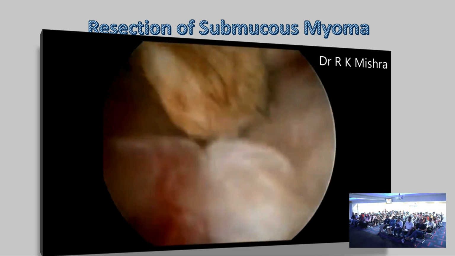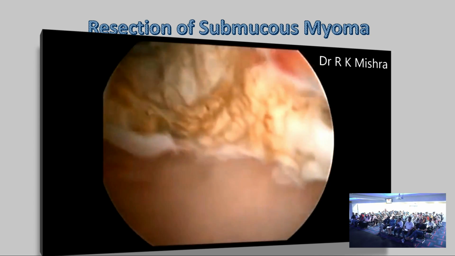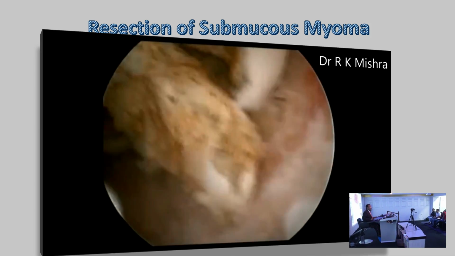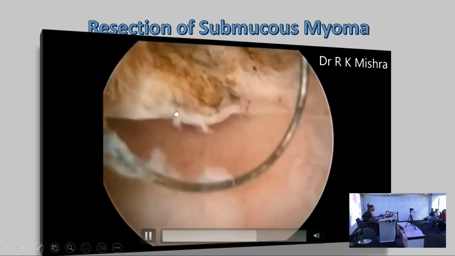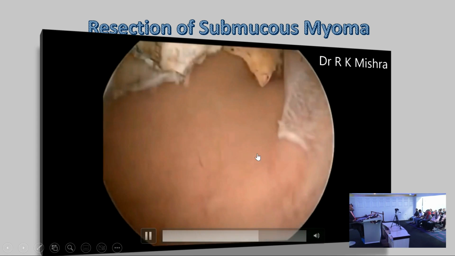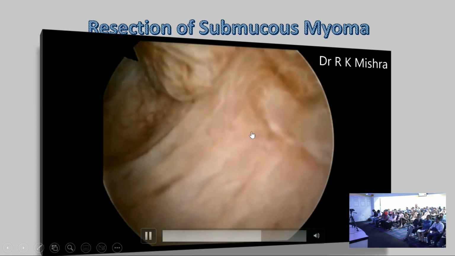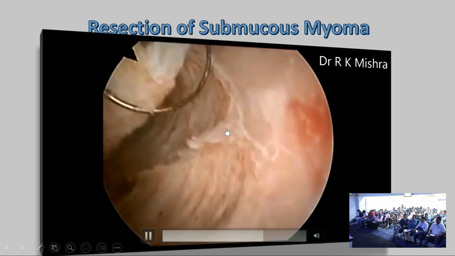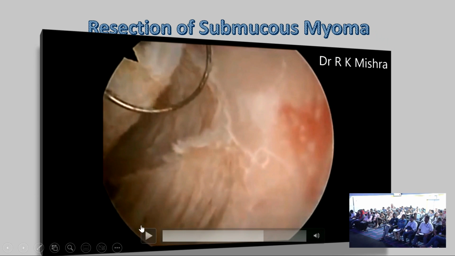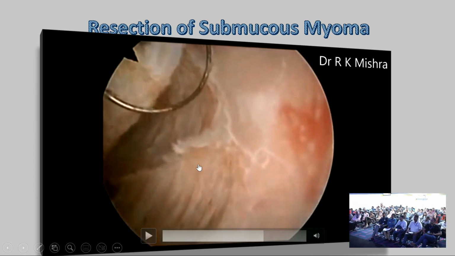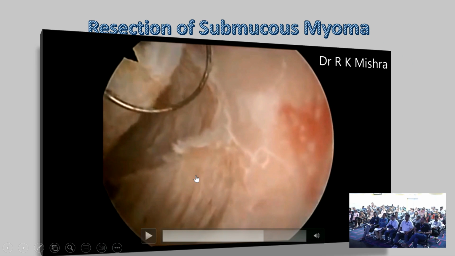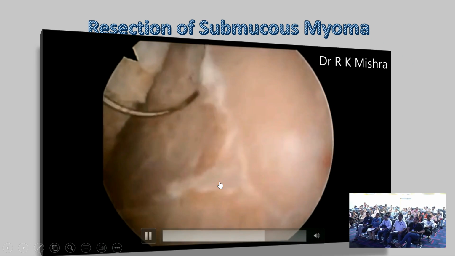And once you reach the surface, you will see the inner longitudinal layer and outer circular layer. And as soon as you reach this circular layer, then you stop. You should never try to dig it. This is the outer circular layer. You should stop. If you dig it further, bleeding starts.